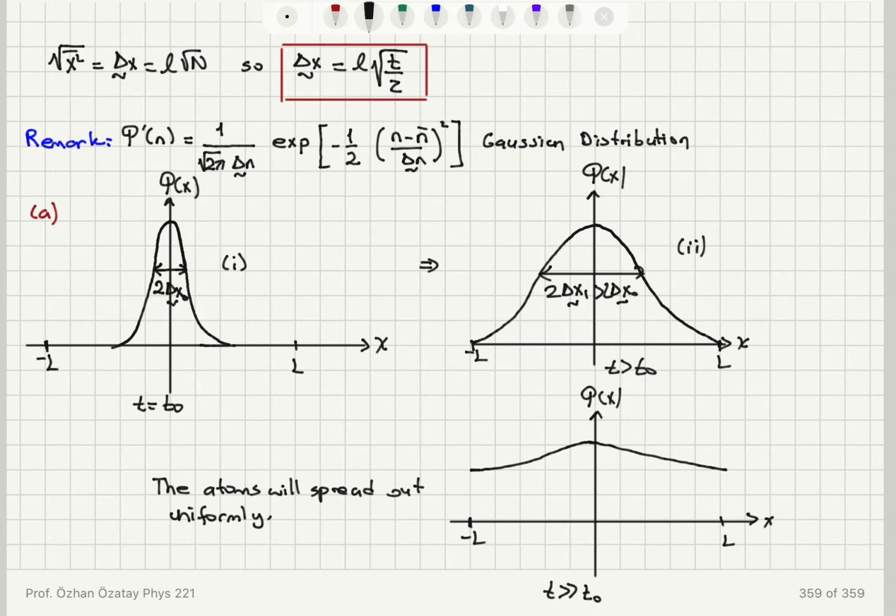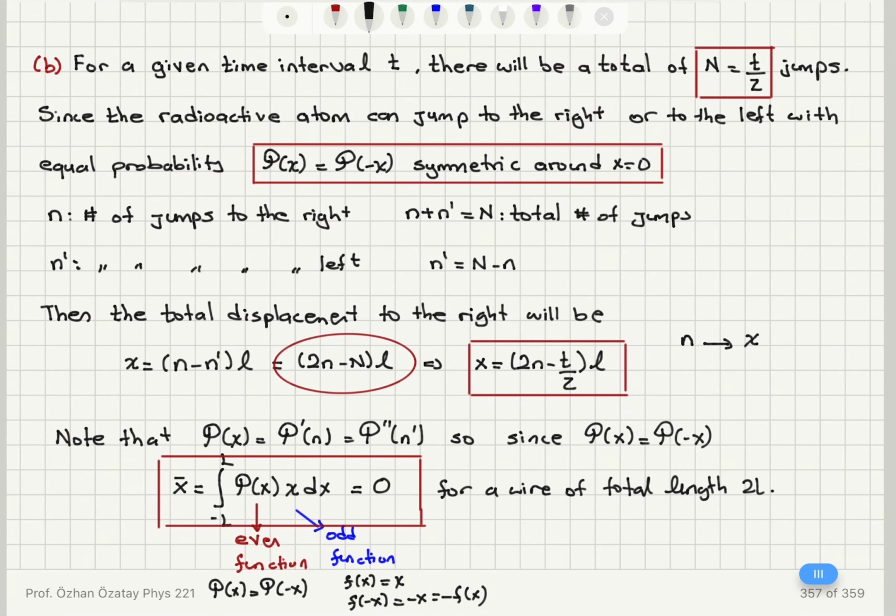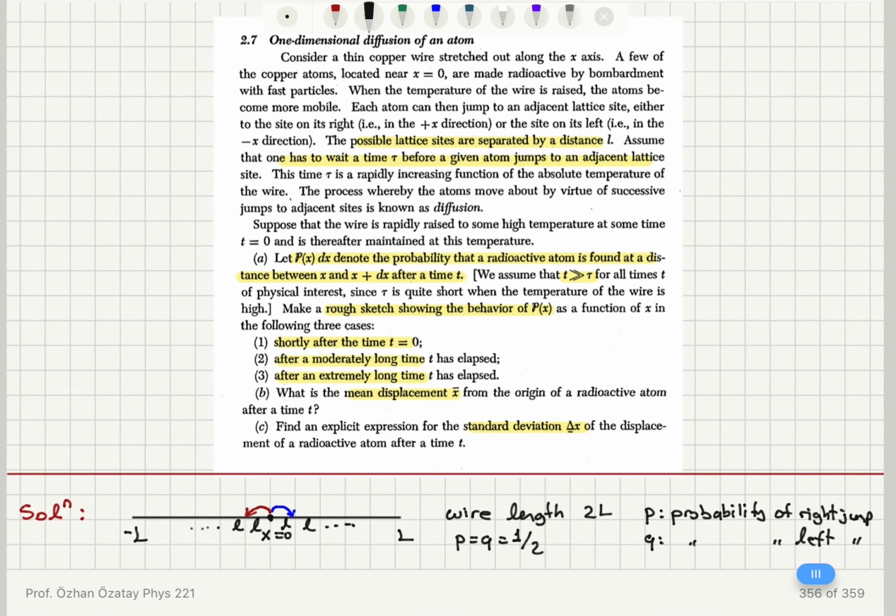Okay, so let's review what we did. We have a thin copper wire stretched out along the x-axis. A few of the copper atoms located near x equals 0 are radioactive, and these atoms can then jump to an adjacent lattice site at a high temperature, either to the right or to the left, and the lattice sites are separated by a distance L, and the time between jumps is tau, and the process is called diffusion.